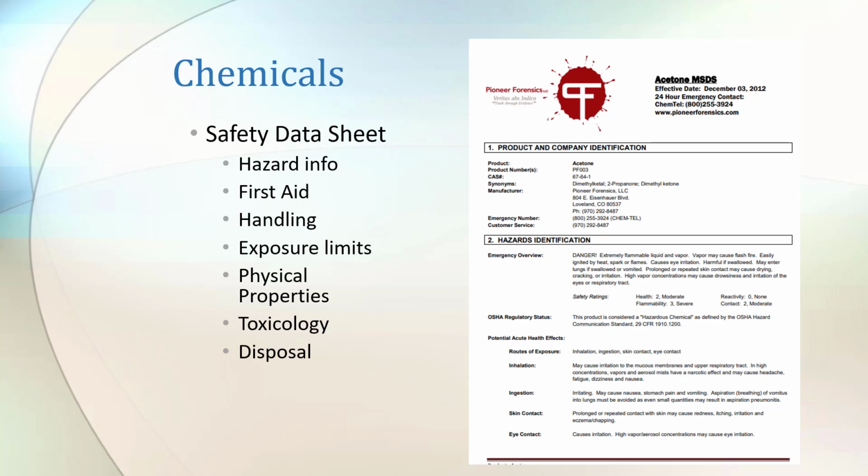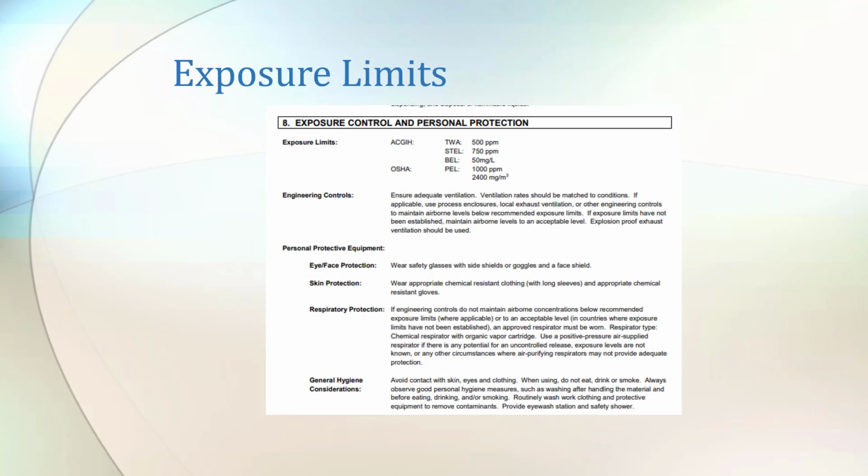Your hazard information, first aid, handling, what type of exposure you can have, physical properties, the toxicology, and how to correctly dispose of it. Your exposure limits. And for those that are unfamiliar with what exposure limits are, this is the amount of a chemical that you can safely inhale or work around at your workplace before the potential for harm.